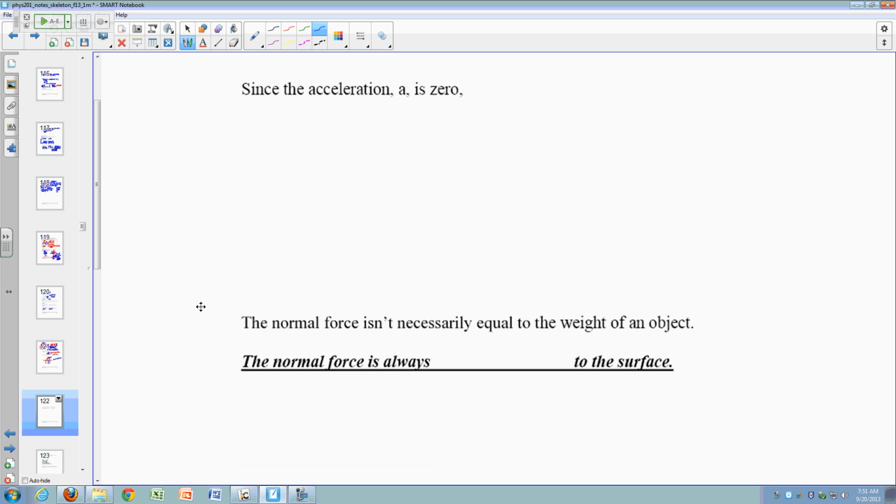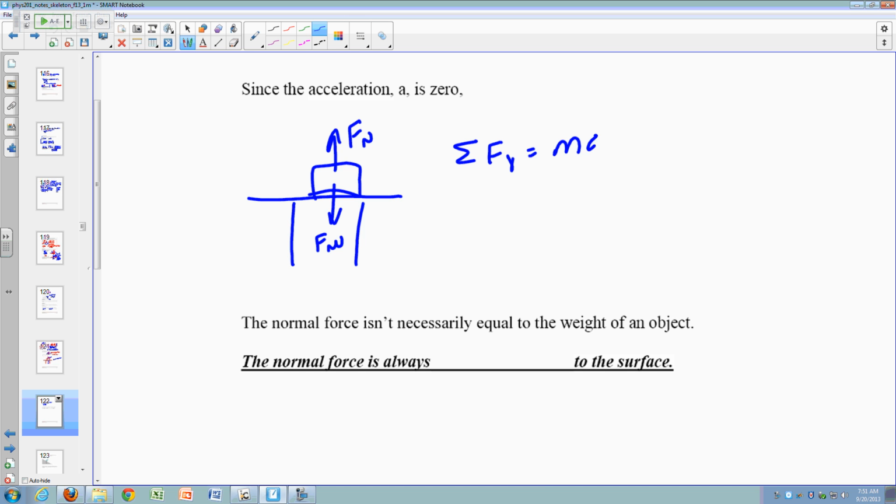Now, if I wanted to calculate the normal force, going back to this scenario, I have Fn and Fw. I can solve Newton's second law. The sum of the forces in the y direction equals may. Since the acceleration is 0, the sum of the forces in the y direction equals 0.